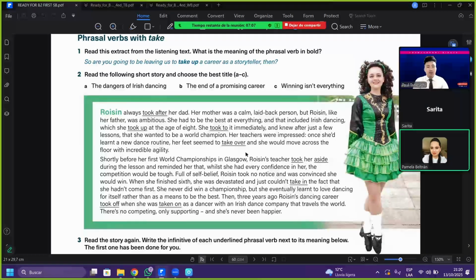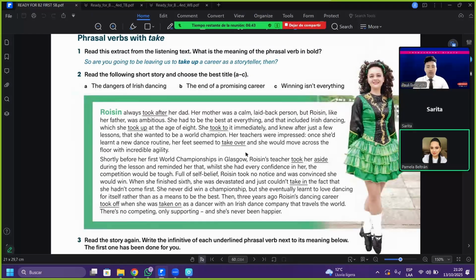She took to it immediately and knew after just a few lessons that she wanted to be a world champion. Her teachers were impressed. Once she learned a new dance routine, her feet seemed to take over and she would move across the floor with incredible agility.